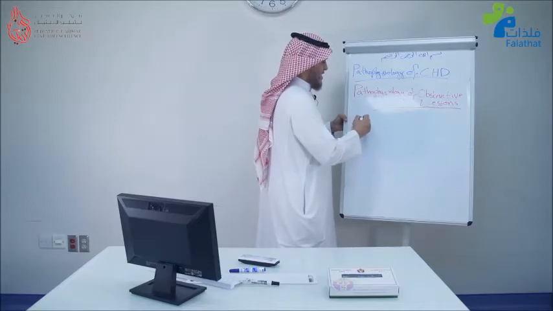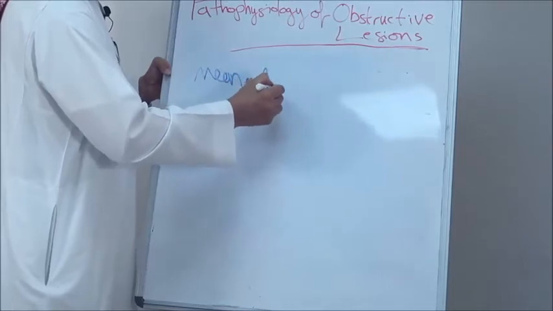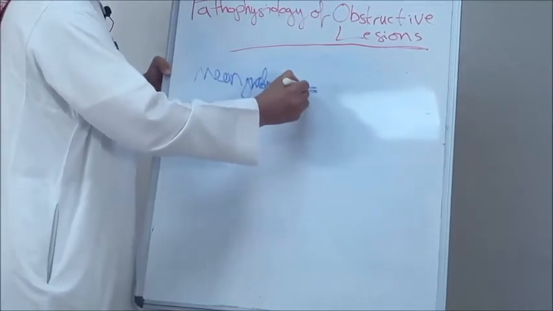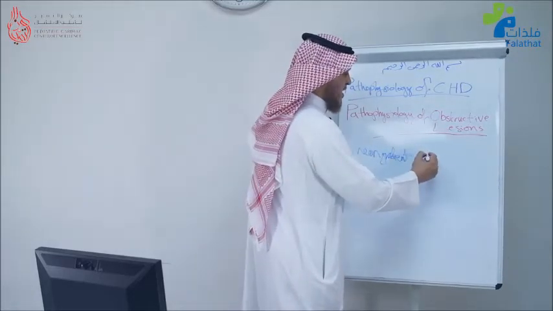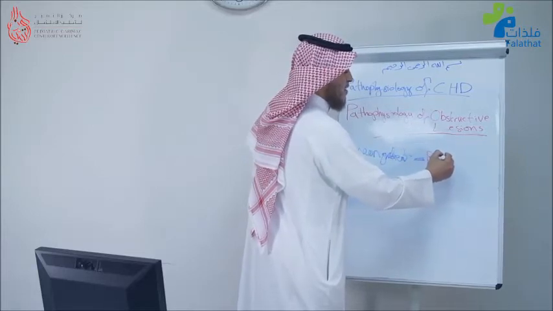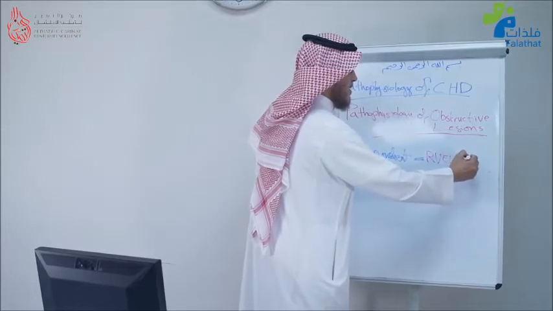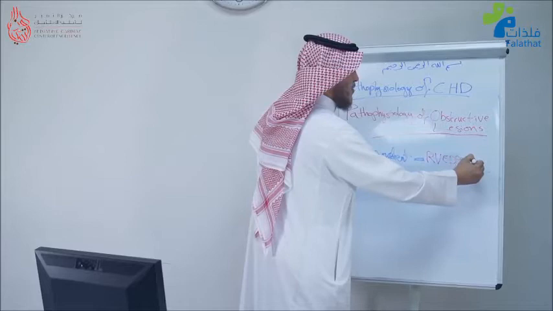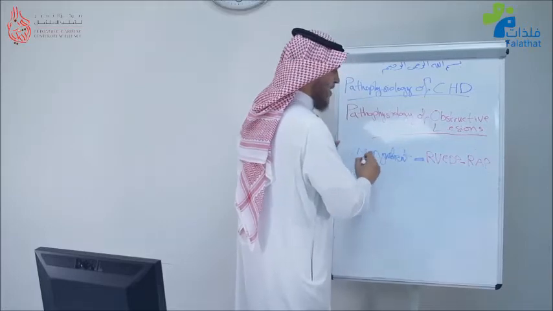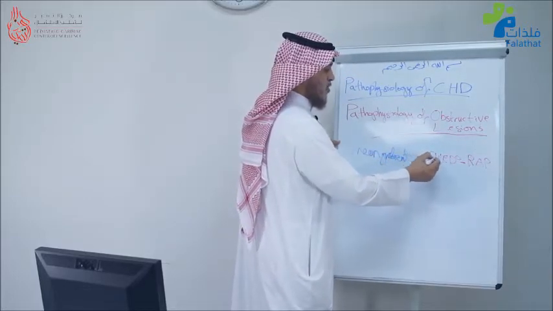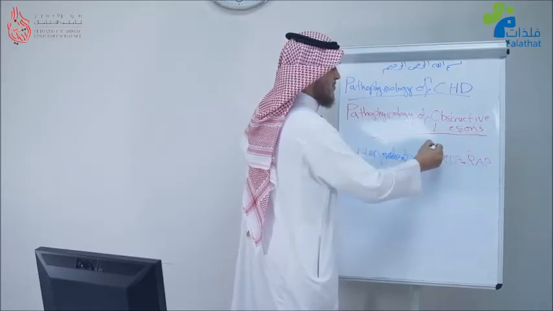And when we say mean gradient, it's equal to the difference between the right ventricle end diastolic pressure and the right atrial pressure. The mean difference between both of them will equal the mean gradient. It has to be the other way because the right atrial pressure will be the higher number.